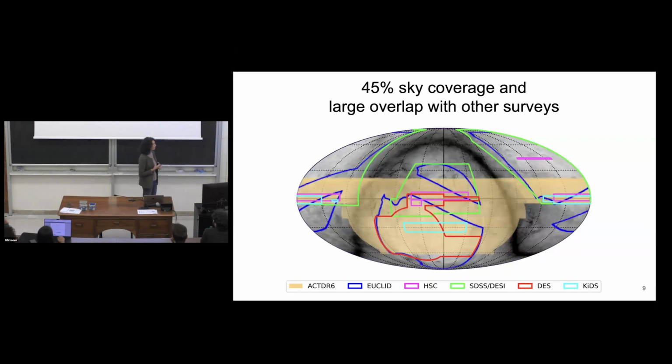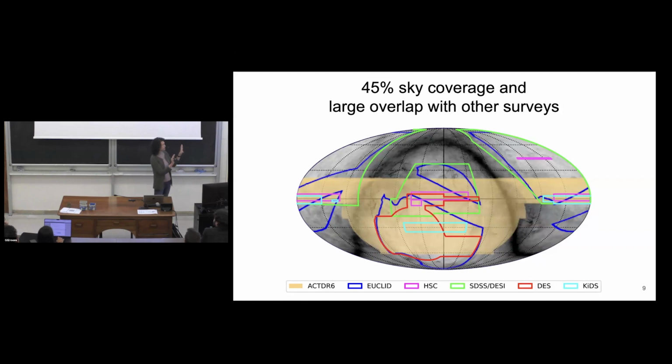At the end of the observational campaign, we have covered about 45% of the sky. The yellow footprint here is the layout that was covered by the final survey.